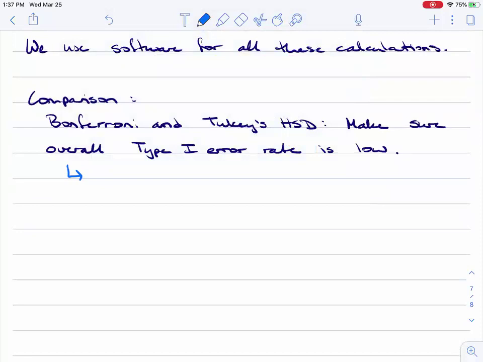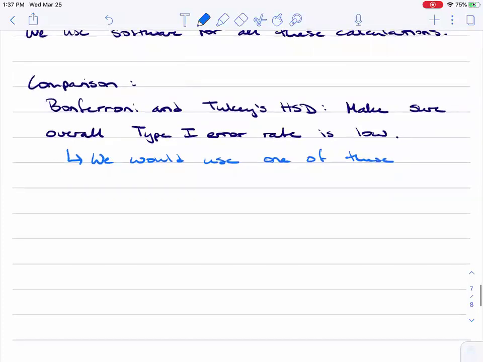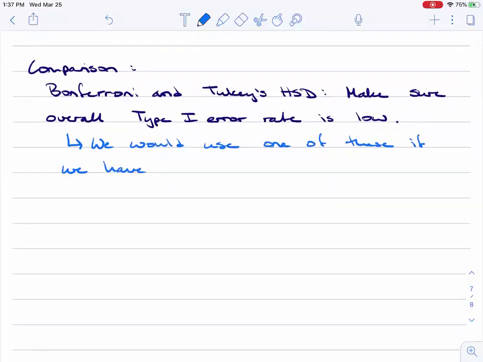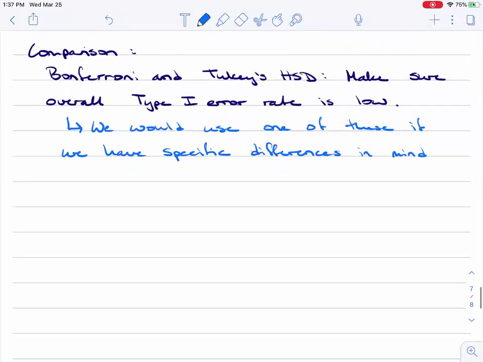So it totally depends on your situation, but we would use one of these if we have specific differences in mind ahead of time.